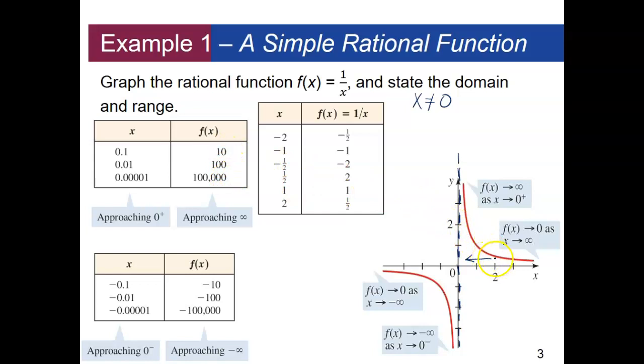So it's going to keep getting closer and closer to this vertical asymptote and never actually touch it. Same thing if we're approaching it from the negative direction. If we're coming in to 0 from the negative direction, we're looking at these same type of negative values getting closer and closer to 0. And as we do that, the function itself is going off to negative infinity, so it's getting smaller in the negative direction.